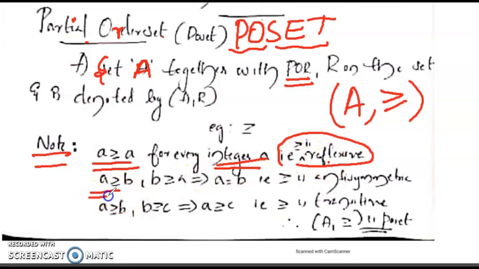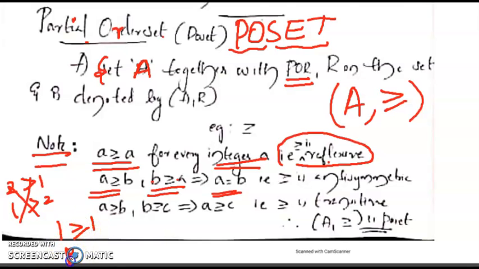Then a greater than or equal to b and b greater than or equal to a, then a is equal to b, right? 2 is greater than 1, but we cannot write 1 greater than 2. This is wrong. So only the equal condition will be true: 1 greater than or equal to 1, like that you can write.